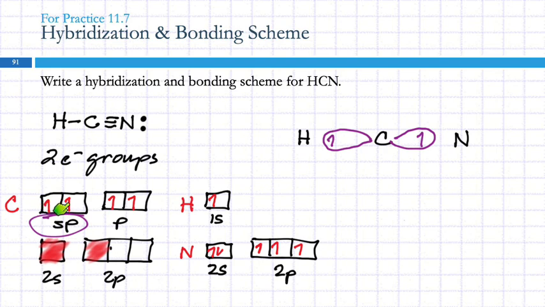I just drew these guys. It also has 2 p orbitals. So I'm going to draw those as well. One's going straight up and down. That has an electron in it. And one's coming out at us. Again, those are harder to draw.